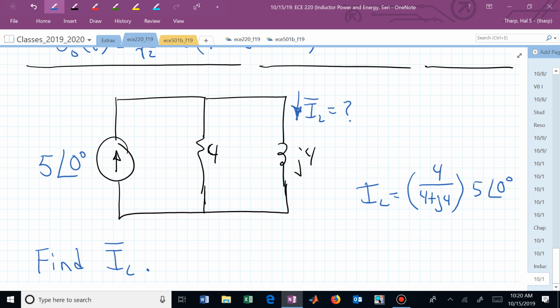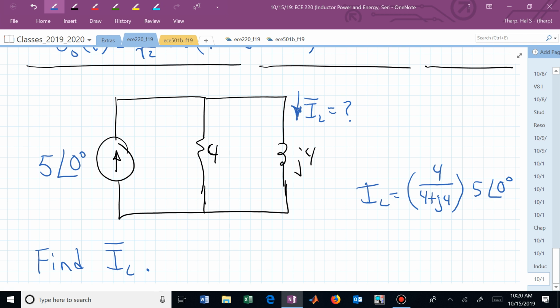And now you simply do the complex numbers. What's 4 plus, and now we're doing division and multiplication, so we probably want these in magnitude angle or polar form. That requires one conversion, the denominator, 4 plus j4. And do you see that now in the complex plane?